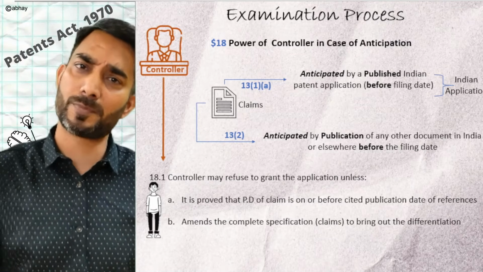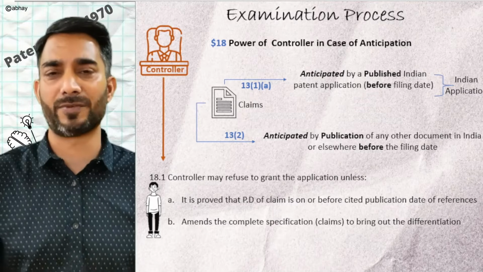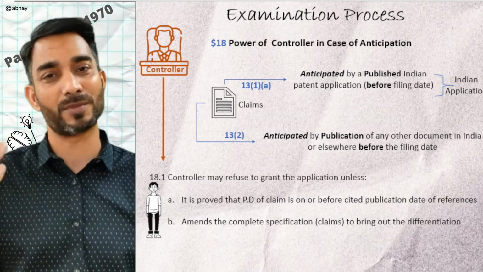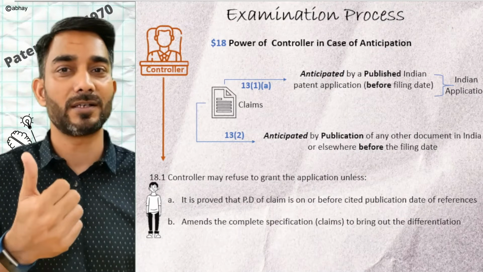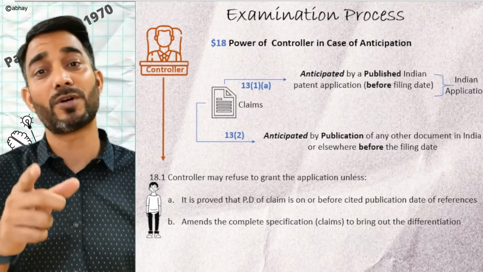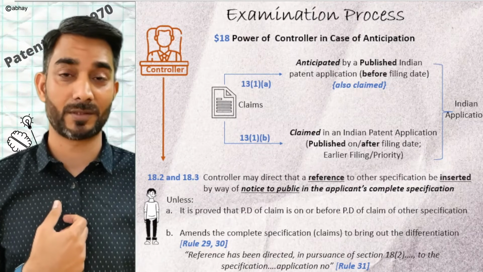Or if that is not possible to prove, the applicant can of course amend the specification, more importantly claims, so as to bring out the differences from the cited references. Now taking another scenario where the invention was claimed in the claims of specification which were published on or after my filing date.